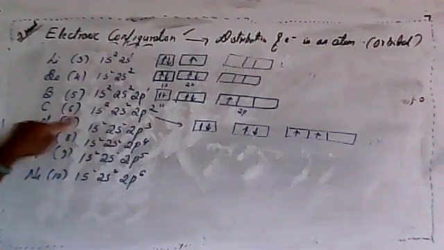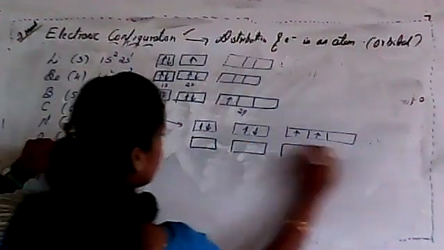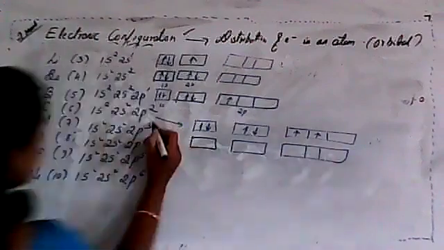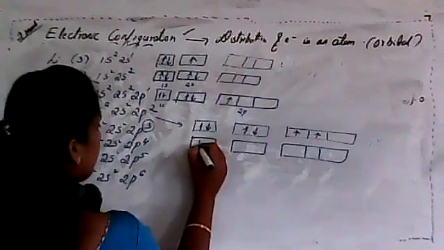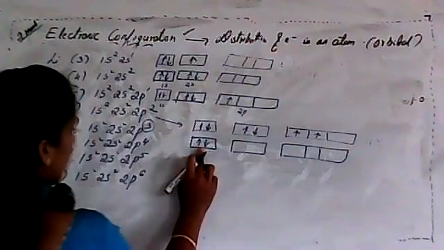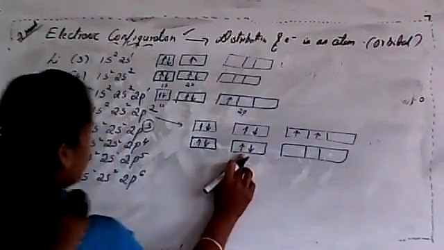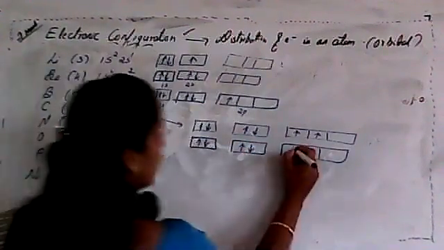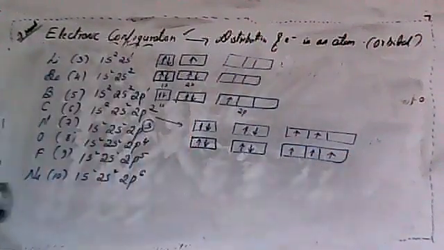Next, for nitrogen, how many electrons were there? 3 electrons were there, isn't it? It contains 2 electrons completely filled with opposite spin, again completely filled with opposite spin. With 3 electrons, according to Hund's rule, we first fill single electrons.